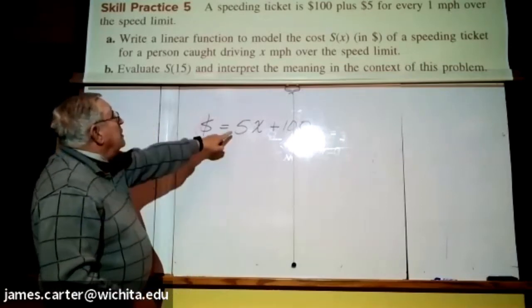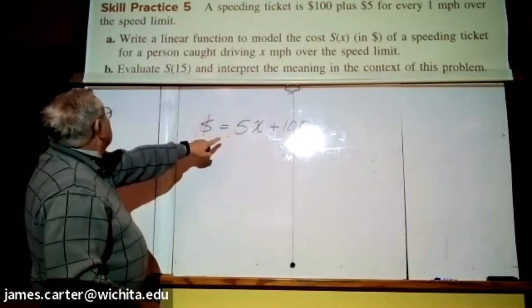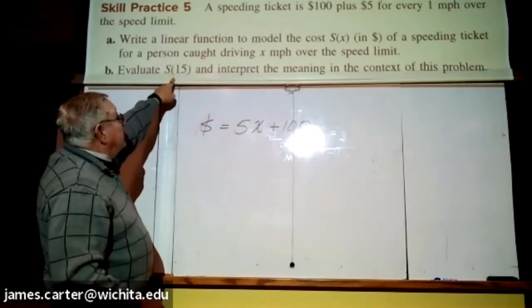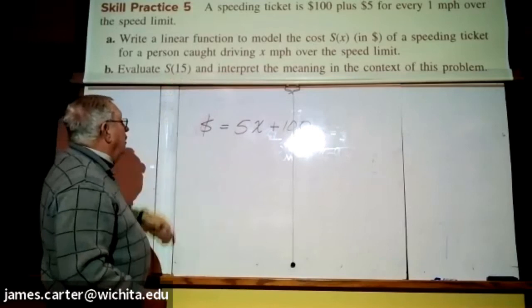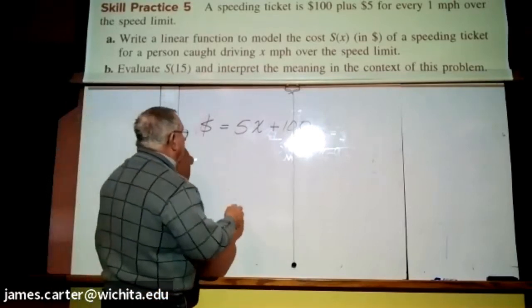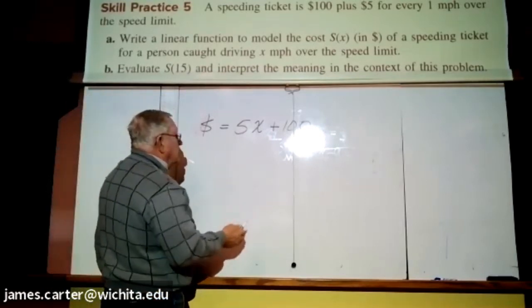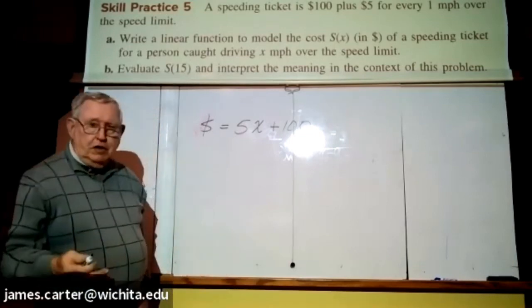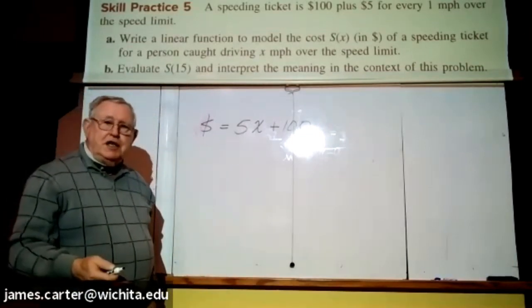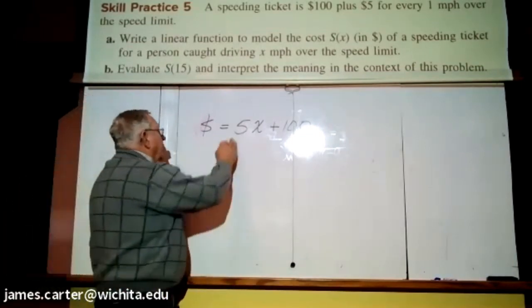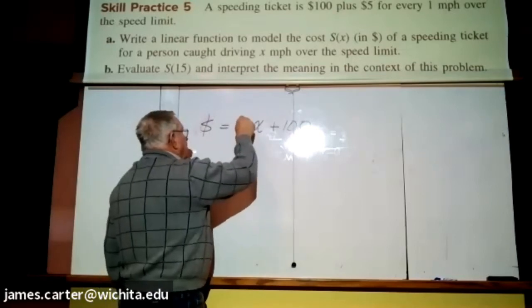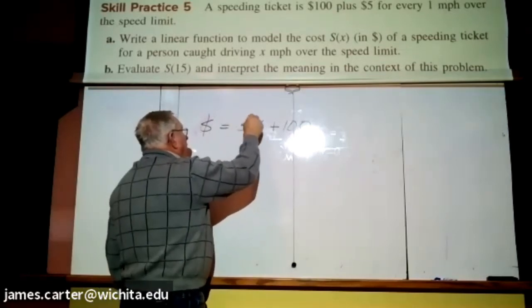In this case, it tells us that they were going 15 miles an hour over, which is very close to what my grandson was doing. He was doing 17 over. So let's just go with his example. We'll go with the 17 here. This is 5.